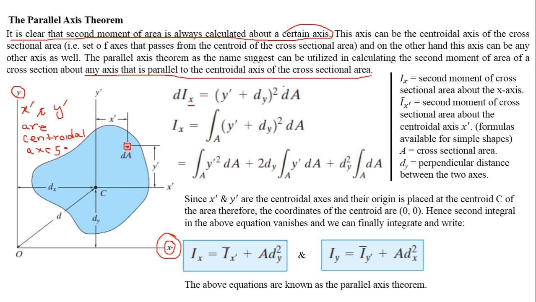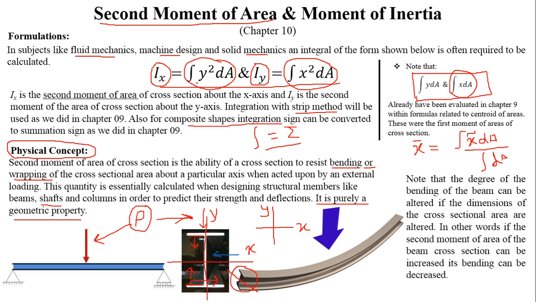So from the x-axis we are going to measure the moment arm. So please remember that this y is the moment arm, because remember that we generated these formulas for centroid by summing the moments. So these were the moment arms actually. So y and x are the moment arms.